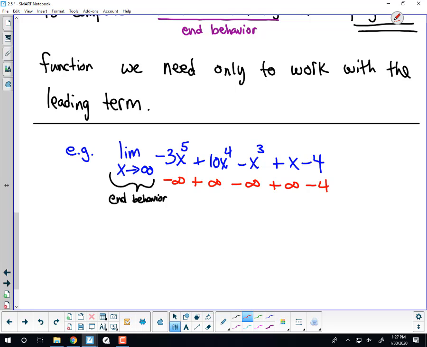What we have to remember is the same procedure we just talked about, the same procedure we remember from algebra when it asks you to determine the end behavior of a polynomial. You just look at the leading term. So computing the limit at infinity on this function is equivalent to computing the limit at infinity on its leading term.